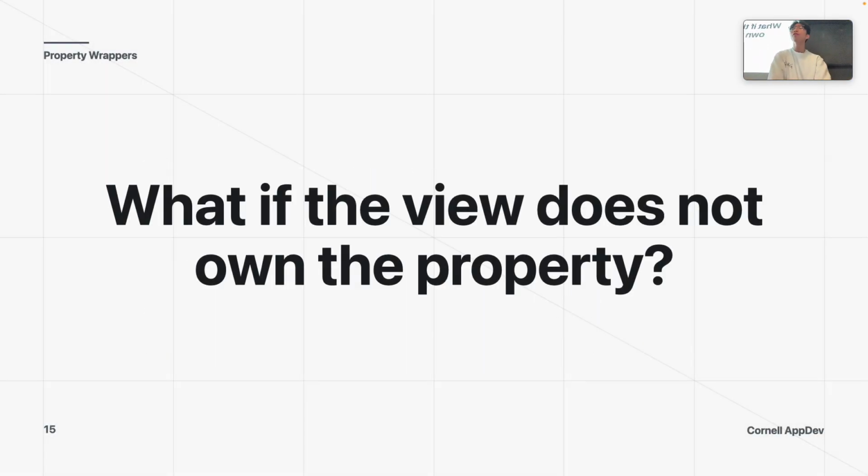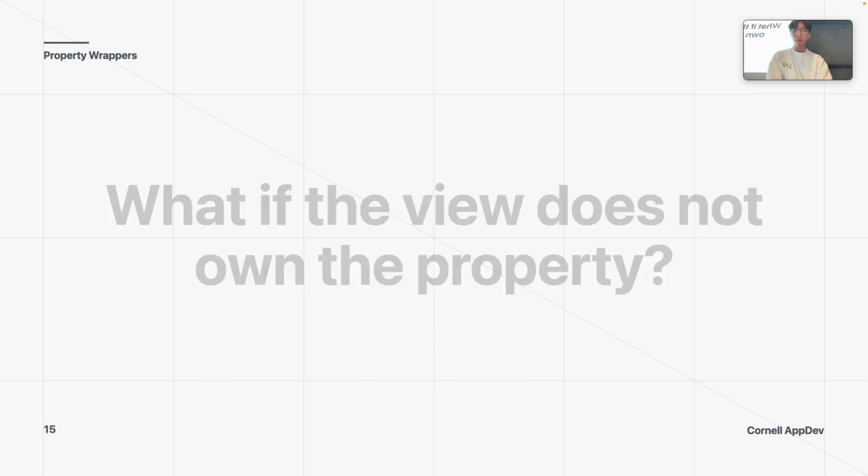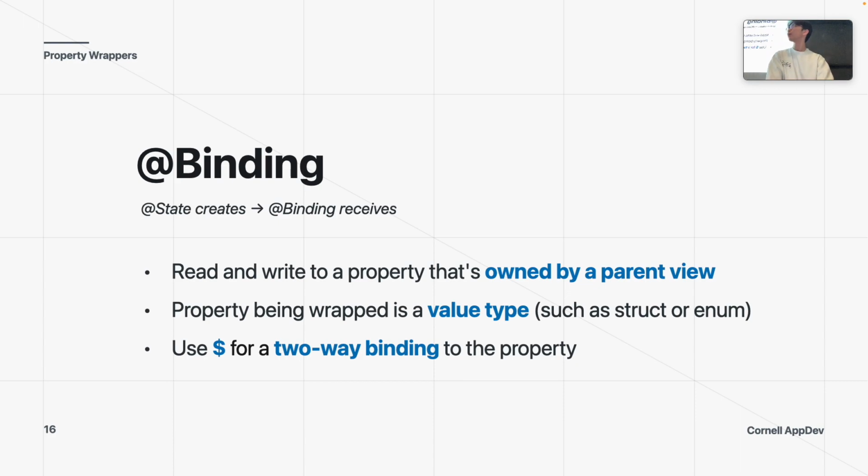But what if the view doesn't own the property? Well, there's another property wrapper called @Binding. So you will create this property using @State in a parent view, and in the child view, whenever you receive this property, you will use @Binding. So @State creates, and @Binding receives.